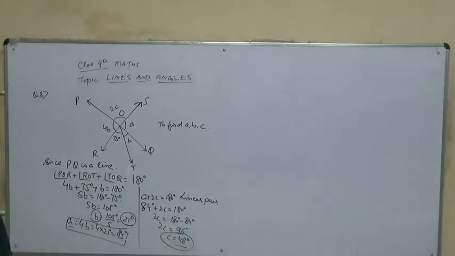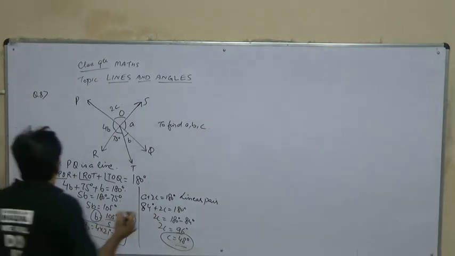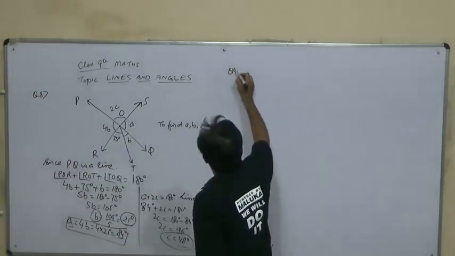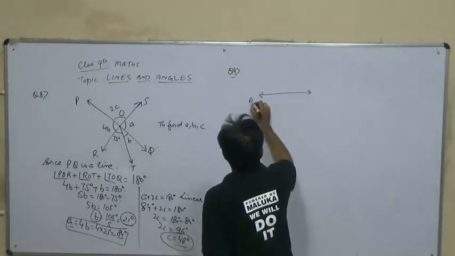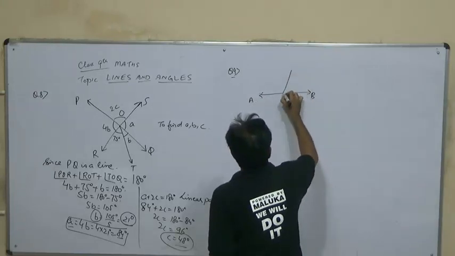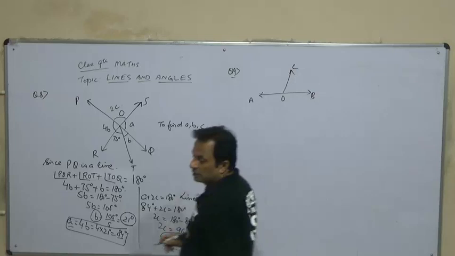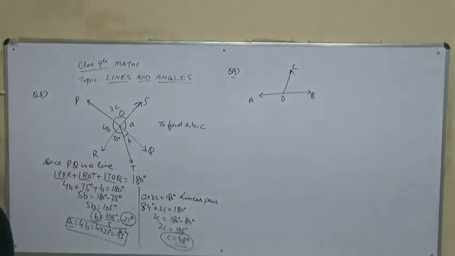The next is, in the figure, OC stands on the line AB. There is line AB and OC stands on this, and what we are given here is that BOC and AOC are in the ratio 2:7.